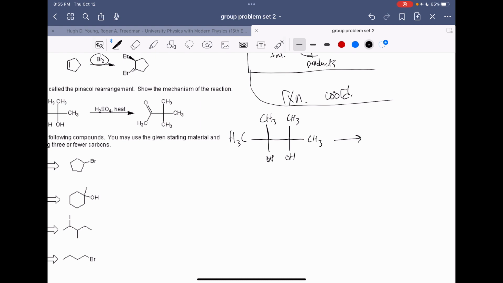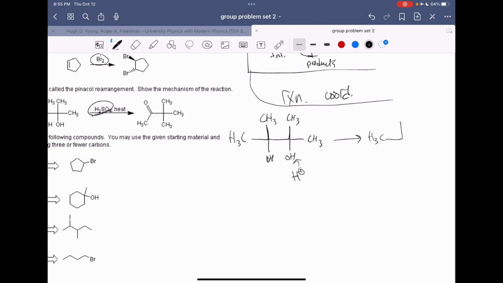Okay, so the first step is this H2SO4. It dissociates a little bit because it's sulfuric acid, an acid. You have some H+ or some H3O+ floating around. So we have some H+ that attaches to this alcohol, this OH group.